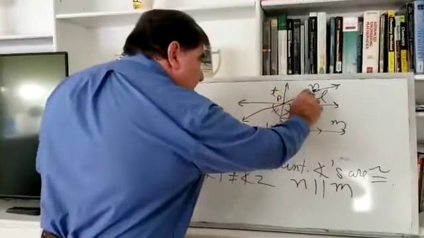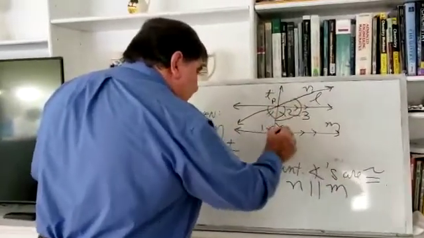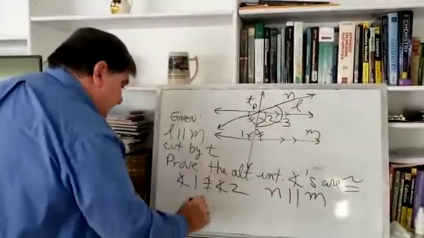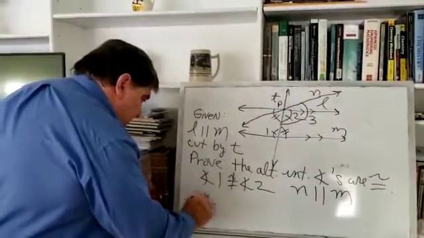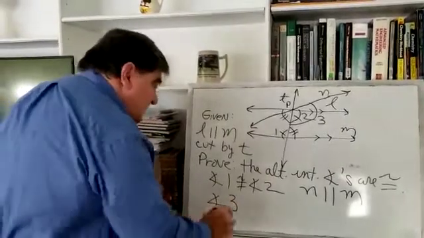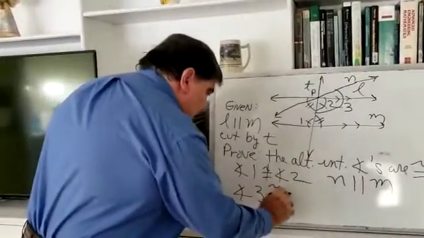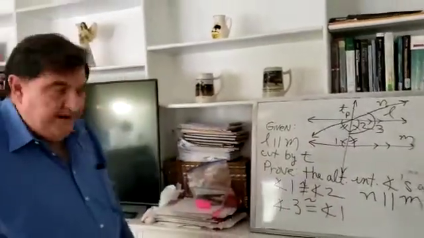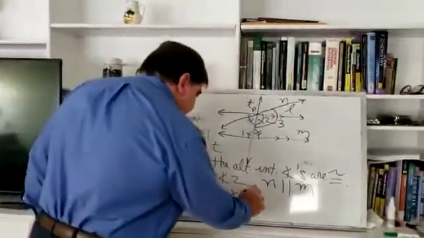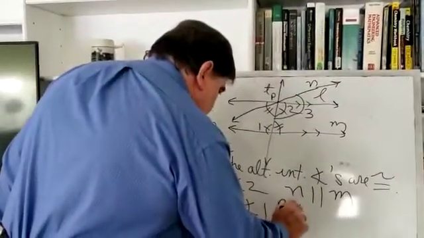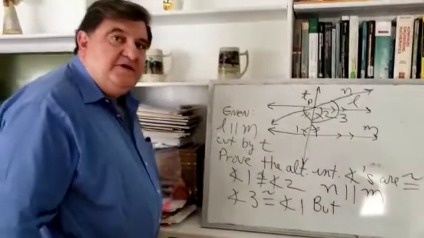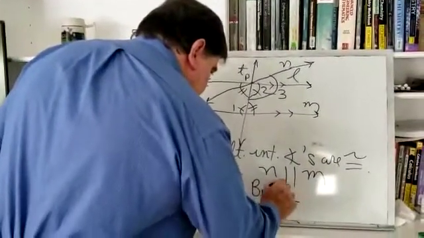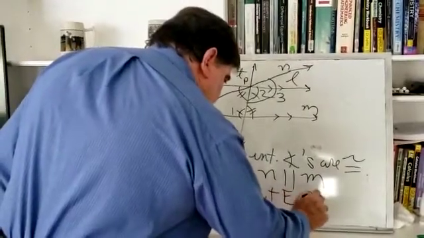Therefore, if this line is parallel to M, then by the alternate interior angles theorem, angle 3 is congruent to angle 1. But we have the Euclidean parallel postulate.